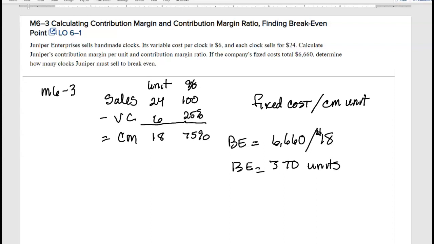Not dollars, 370 units, because we're dividing by the contribution margin per unit. If we wanted to know how much in sales dollars they must sell to break even, we can take fixed costs and divide by contribution margin ratio, the 75%. But we weren't asked that in this problem.